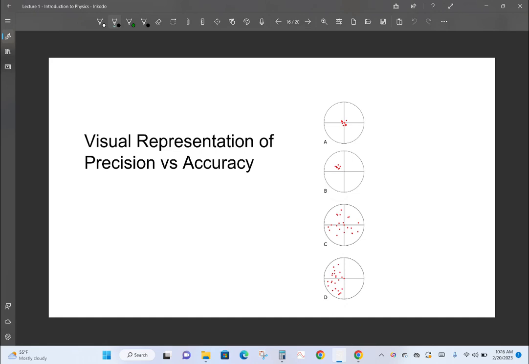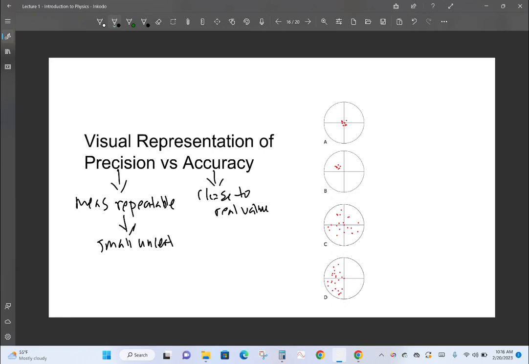So let's talk about what it means to be precise and what it means to be accurate. Accurate means that you're close to the real value. And precise means that your measurements are repeatable, which happens when you have a small uncertainty or tolerance. So let's look at these graphs.